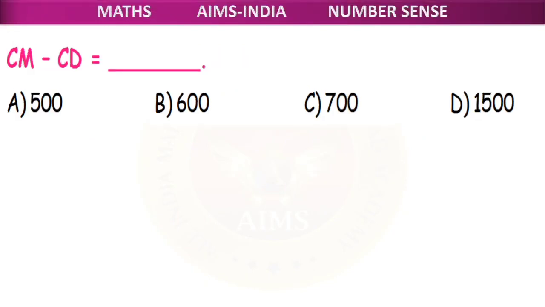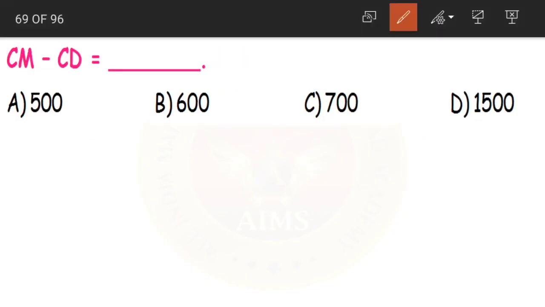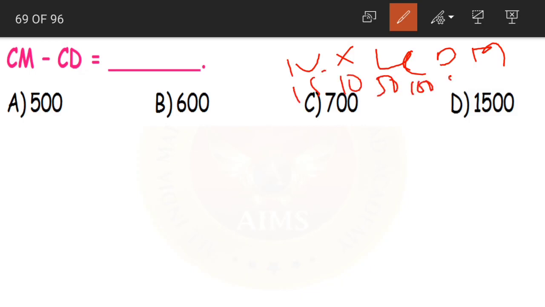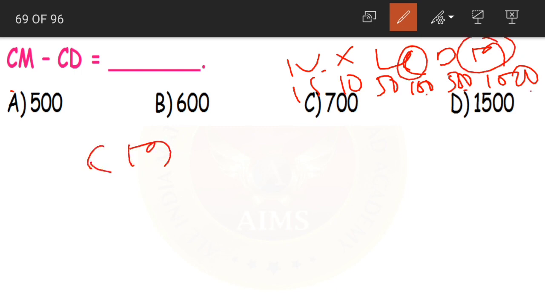Next question. CM minus CD is equal to dash. I always advise you to write the Roman chart first, with the values of the Roman numerals. CM: C is 100, M is 1000.